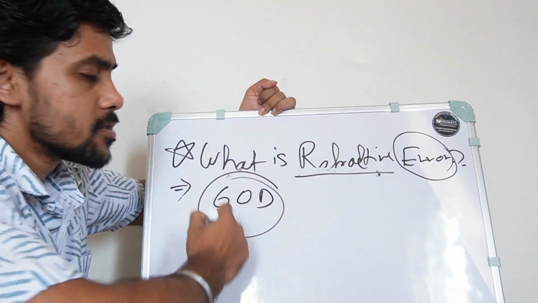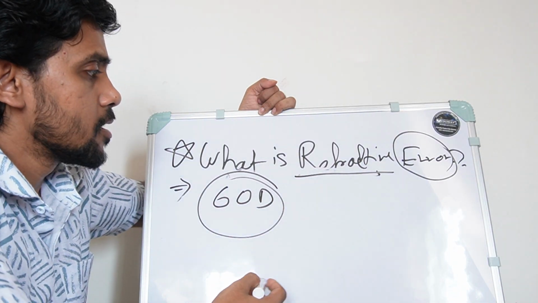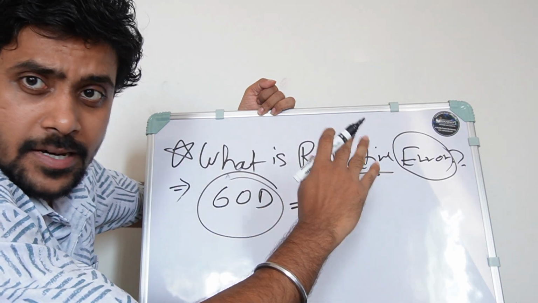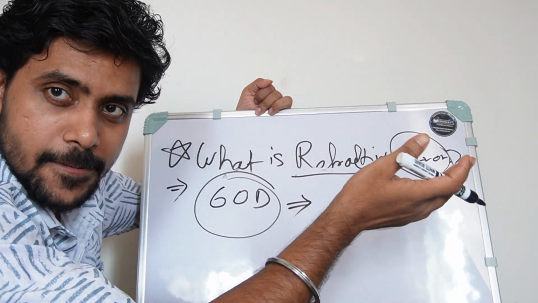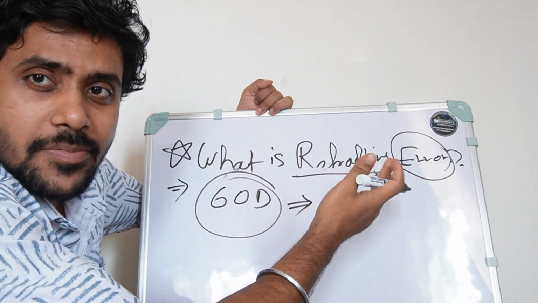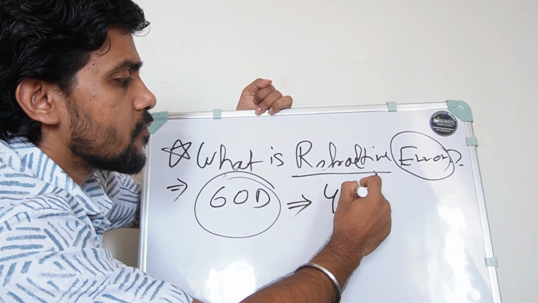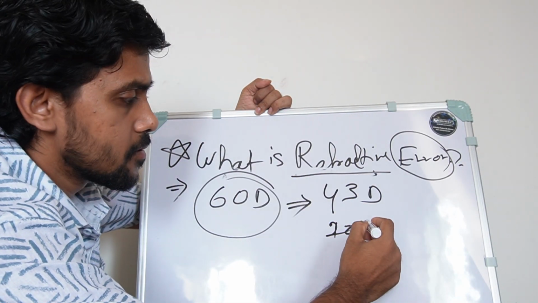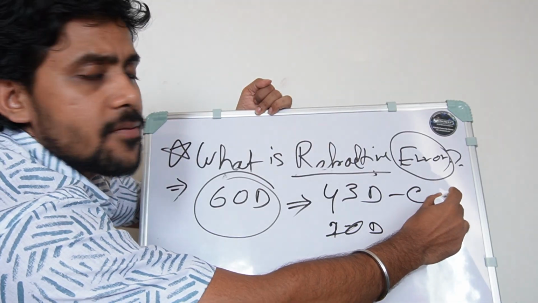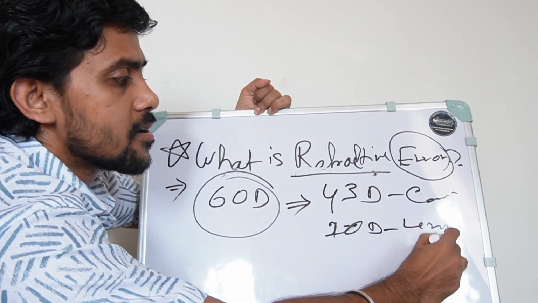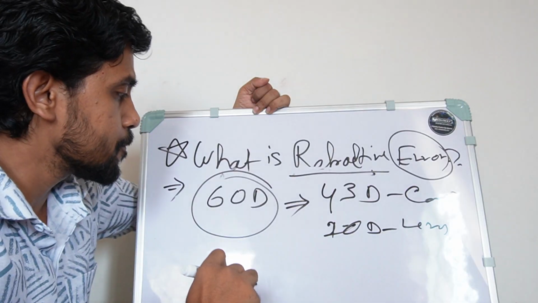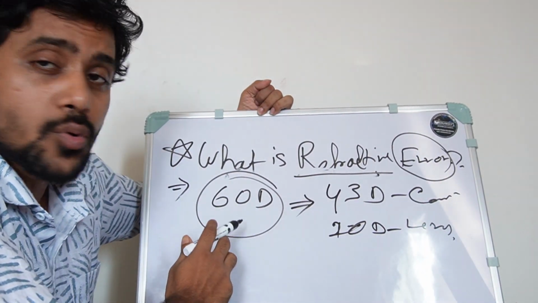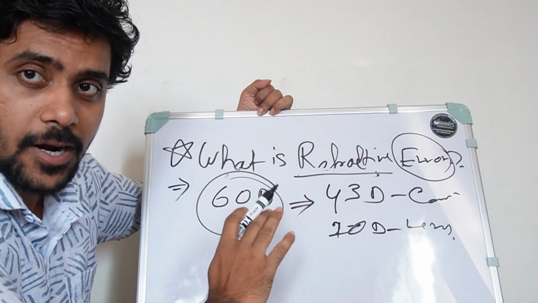Okay, 60 diopter. अच्छा, अब ये 60 diopter डिवाइडेड है और it is distributed in two parts, 43 diopter and 17 or 20 diopter, right? Which is the corneal power and this is the crystalline lens power, okay? This is the total value of the eye power, okay? Now this total 60 diopter is divided into this part, okay?